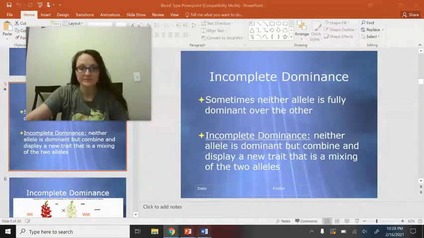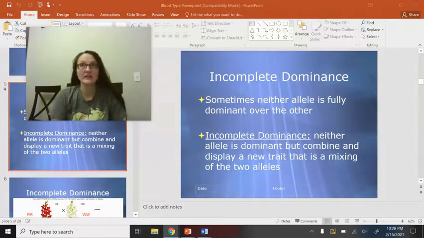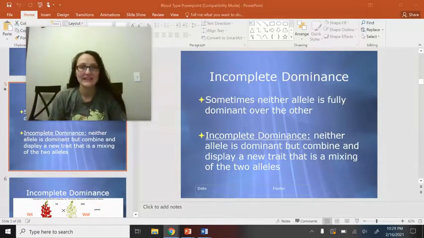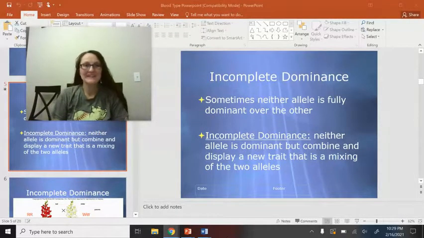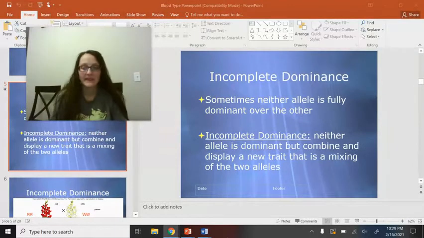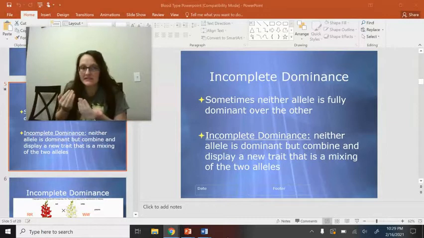All right, so the first thing I want to teach you is a non-Mendelian concept called incomplete dominance. Up to this point, we've been mentioning that a lot of your education has probably been centered around what we like to call Mendelian genetics, which is very simple: dominant, recessive.